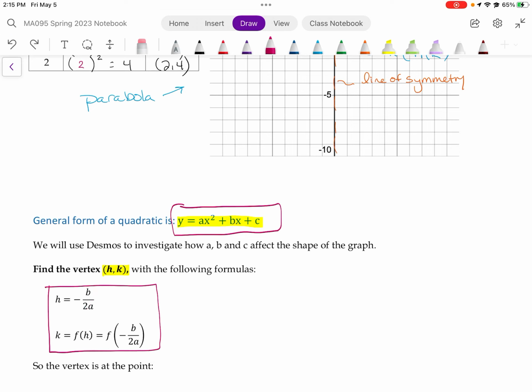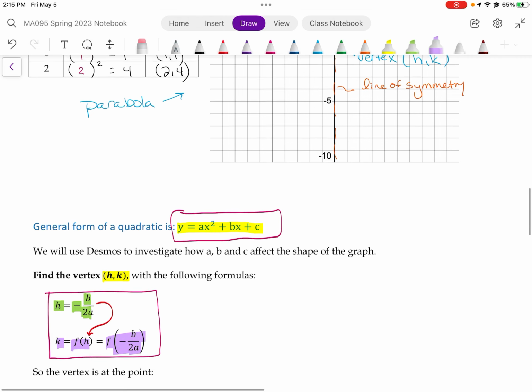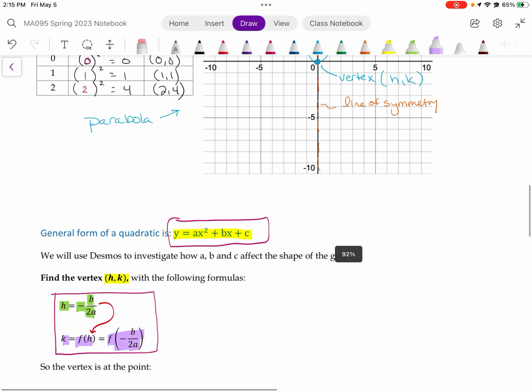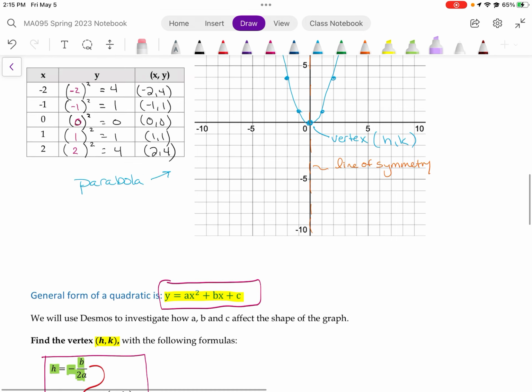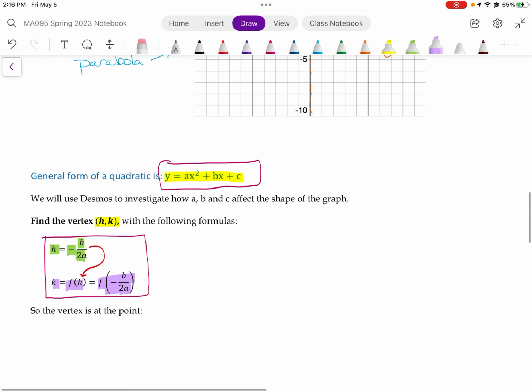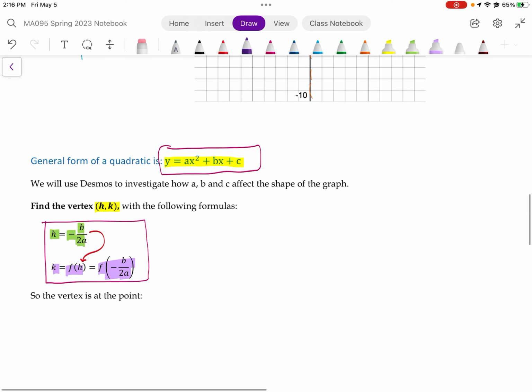And so on. All right, so h is going to be b over 2a, and we take the negative of that. Then k is going to be f of h. So whatever you get for h, you plug it into the equation, which we can then just call f of negative b over 2a. Oh, I'm sorry, that's not what I wanted to do.